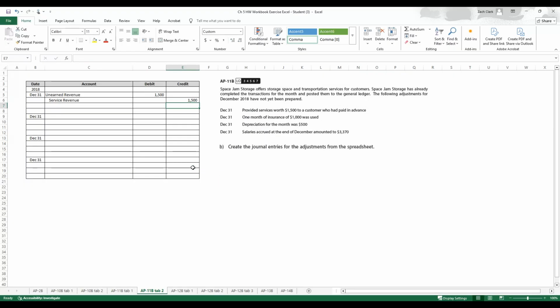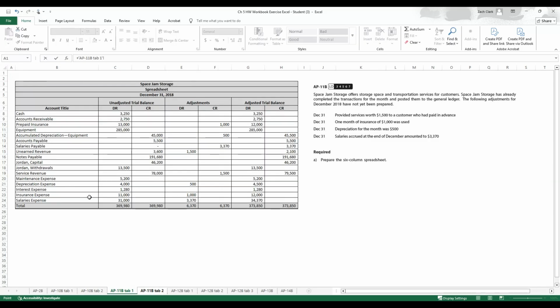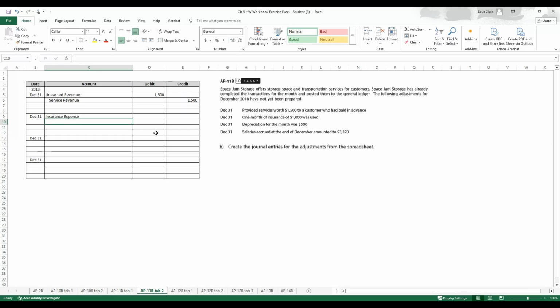I'm going to come back and put the explanations in at the end, because I'm in the linking mode with how my hands are placed. Having the mouse and all that makes it a little more efficient to do that all at once. Okay, 1 month of insurance was used, so insurance expense is going to be our debit.